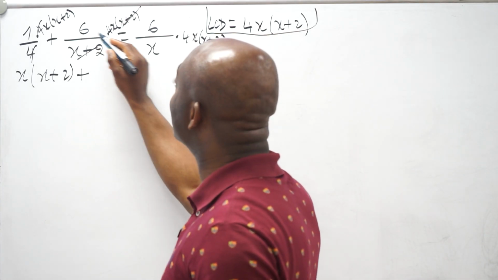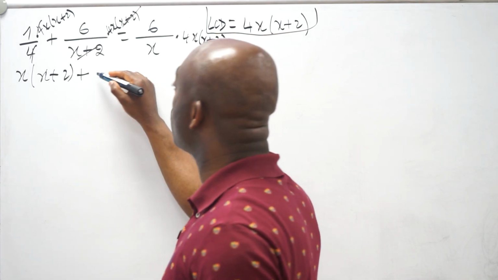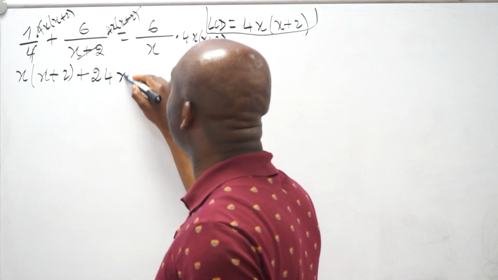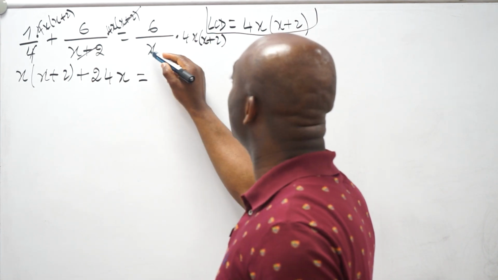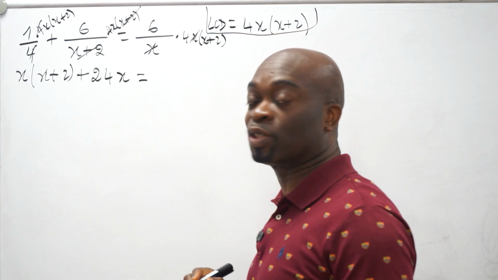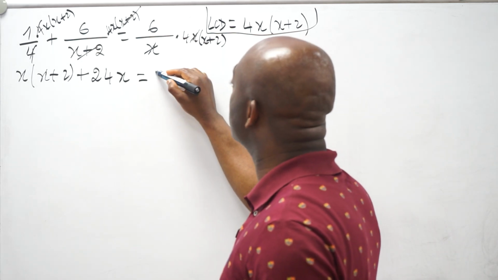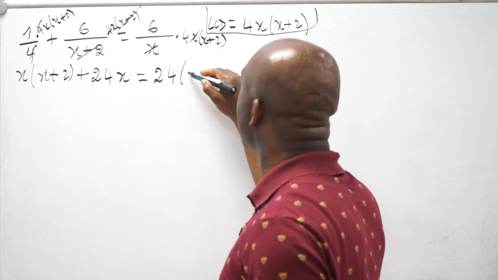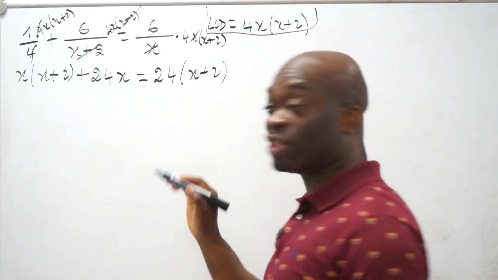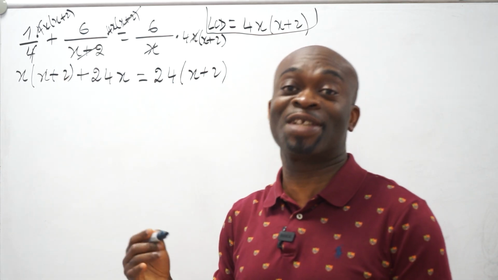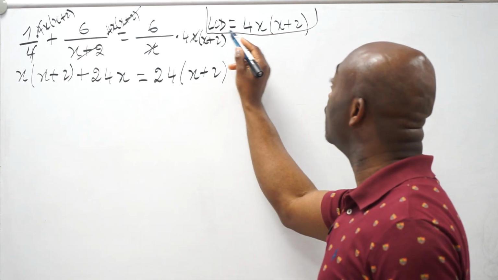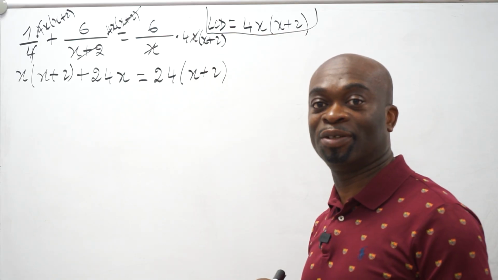You end up with 6 times 4x. 6 times 4 is 24, so you have 24x left there. And then we continue. This one, the x crosses out. So what is left? 6 times 4 is 24 again, times x plus 2. So you see how right away we eliminated the denominators. That's the good deed of the lowest common denominator.